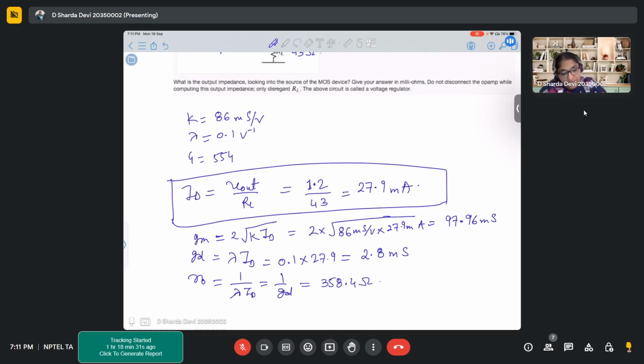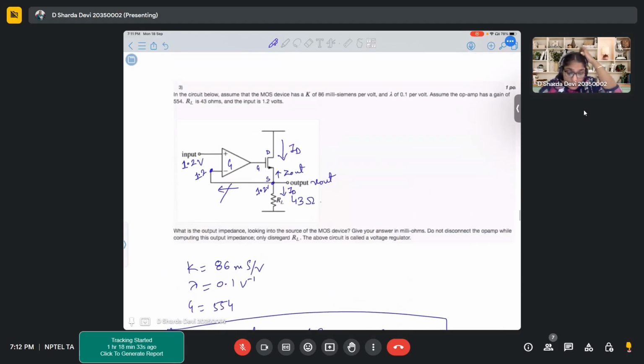Now the question is, if you observe at this particular point, what is the gain that you will get? When you are considering your configuration for output impedance, how do you calculate it?